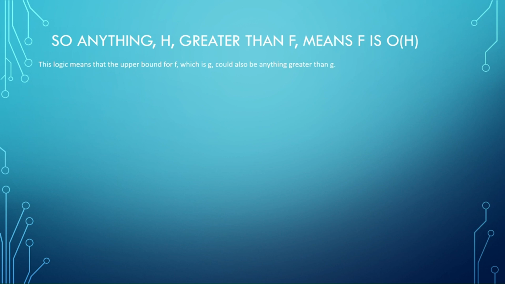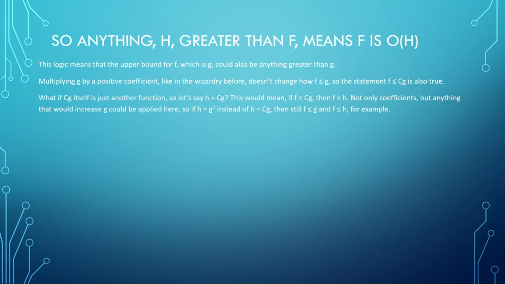So this logic means that the upper bound for f, which let's say is g, could also be anything greater than g. Multiplying g by a positive constant, like if you remember the wizardry with constants before, doesn't change how f is smaller than or equal to g. So the statement f is less than or equal to cg is also true, because the inequality is unchanged, g is just being made larger.